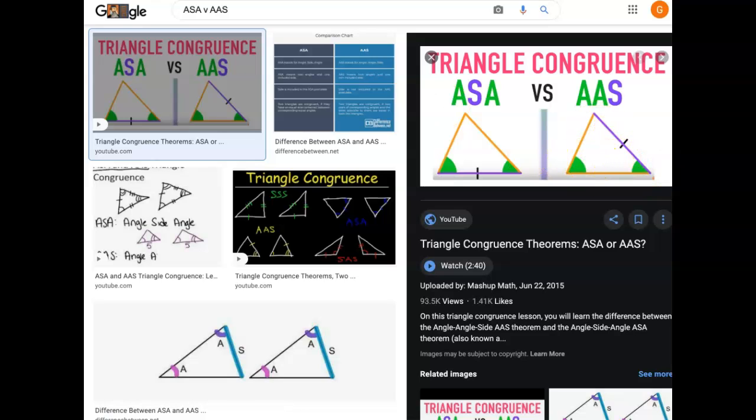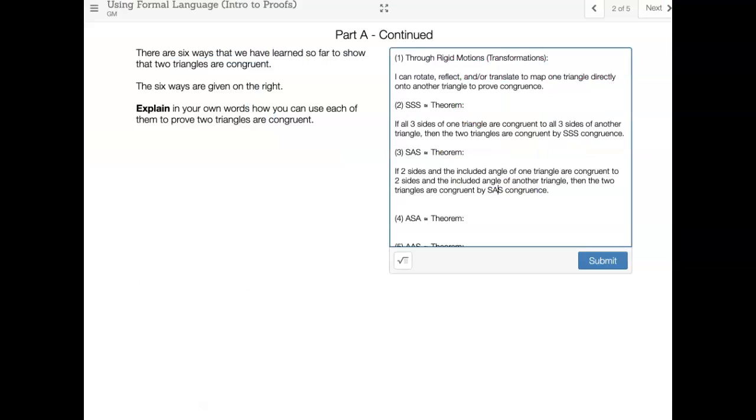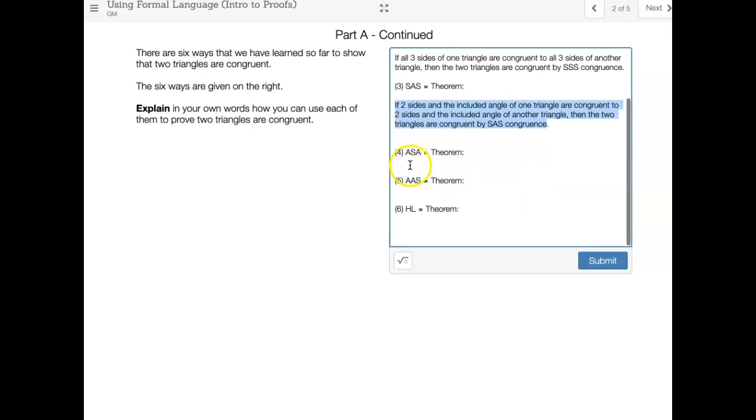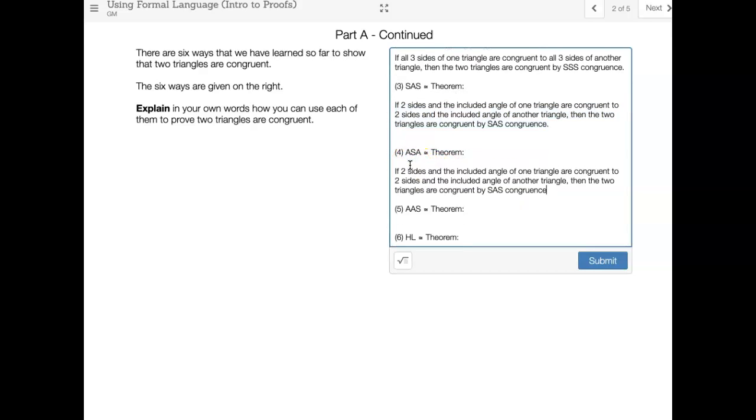So we can come back and look at that image in a sec, but either way, let's go back to that Desmos. I'm going to copy this and paste it in here for angle-side-angle, and then edit. Angle-side-angle is two angles and the included side.